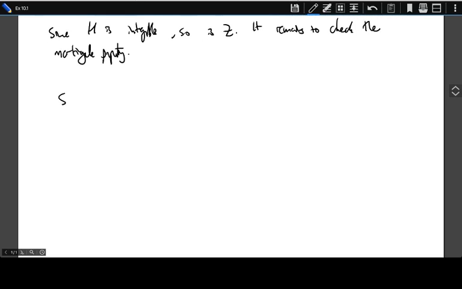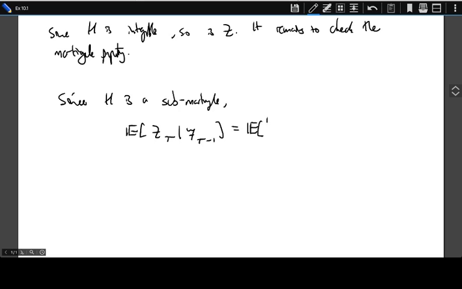So we mentioned already that H is a submartingale. And from this it follows that the expectation of Z at time capital T, given capital T minus 1, equals the expectation, by definition, of H of M at capital T, which is greater or equal to H of M at time T minus 1.